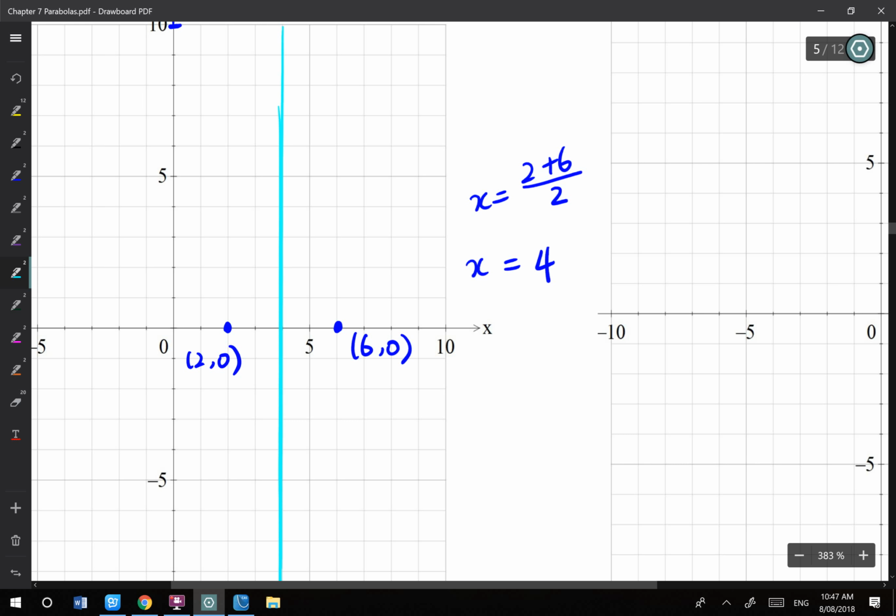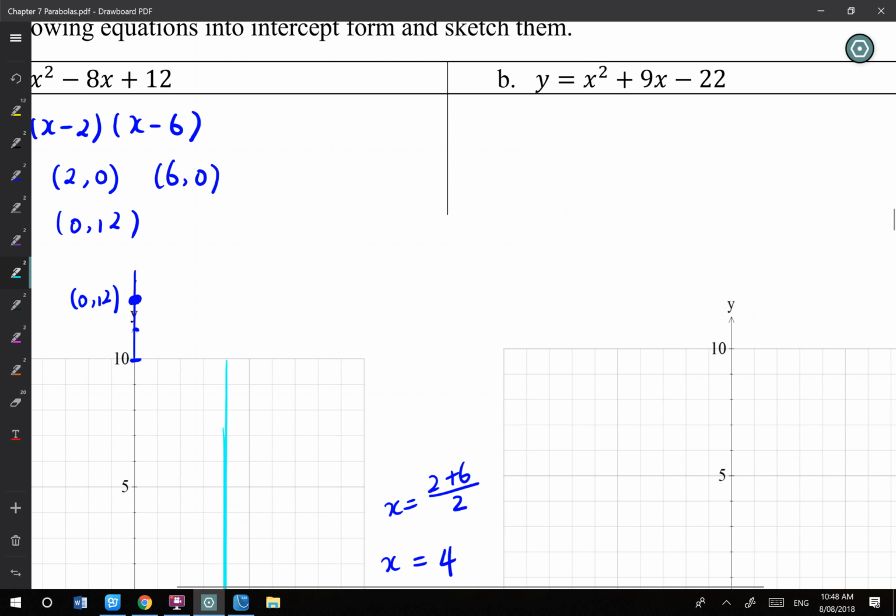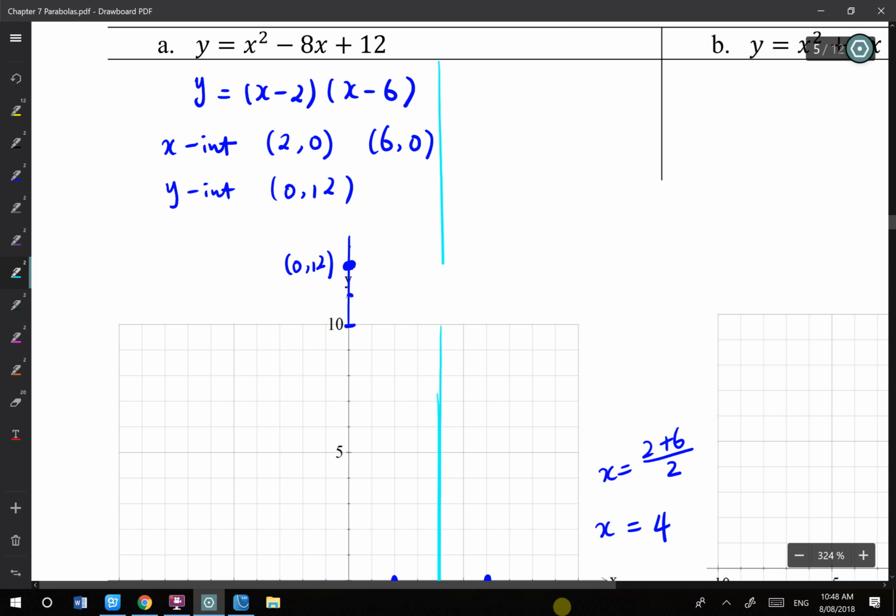So my turning point must be on this line. Then I know the x value of the turning point must be 4, so the turning point is 4 comma something. Therefore I can work out the y value. When x equals 4, I think it's easy to sub into the factorized form.